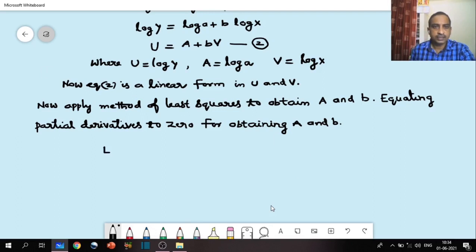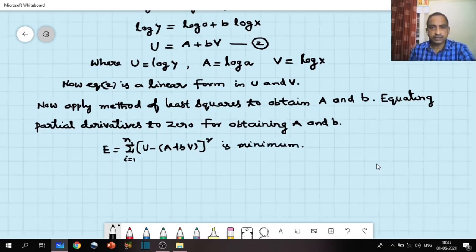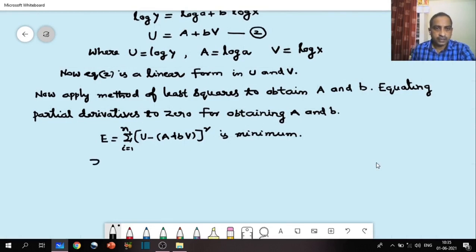You know that E equals summation i equals 1 to n of (u minus u bar) squared, that is, u minus (A plus b v) whole squared, is minimum. So you take the derivative with respect to A, dou E by dou A equals 0.